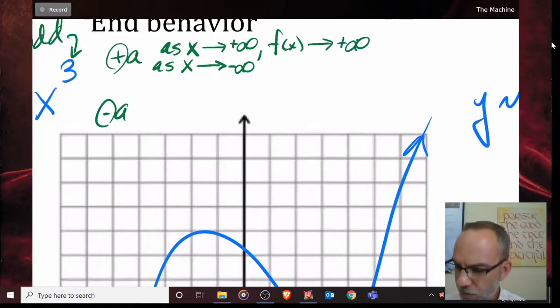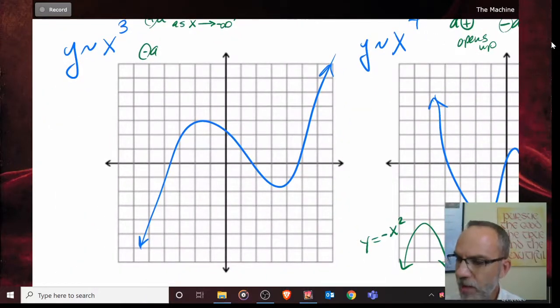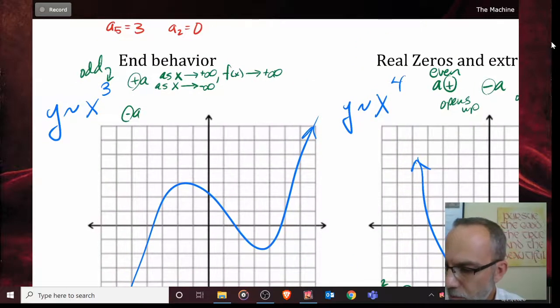What did our y value do on this graph as we went to the left forever? See, look, here I am starting kind of in the middle, and I'm going left now forever. What does the y value do? It goes down forever. So the follow-up statement would be f of x, the y value, goes down forever.